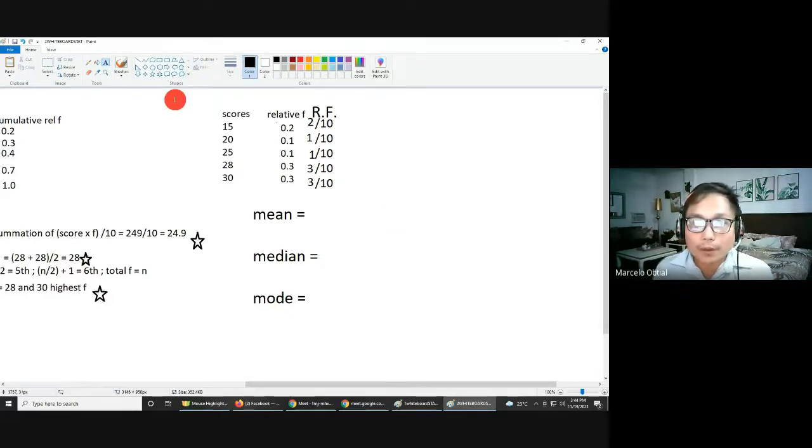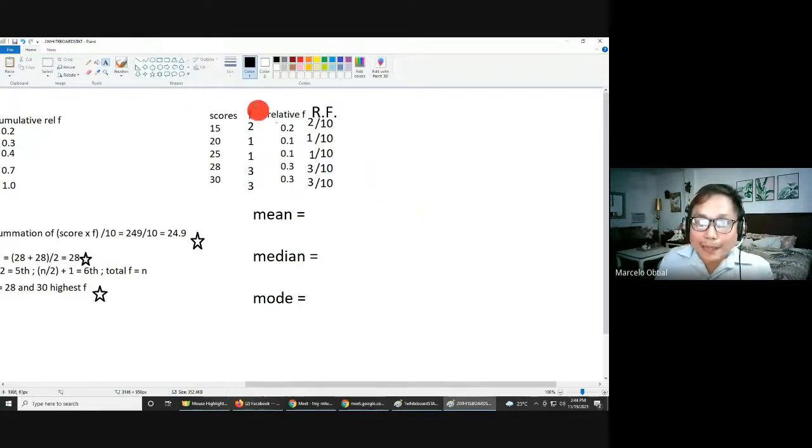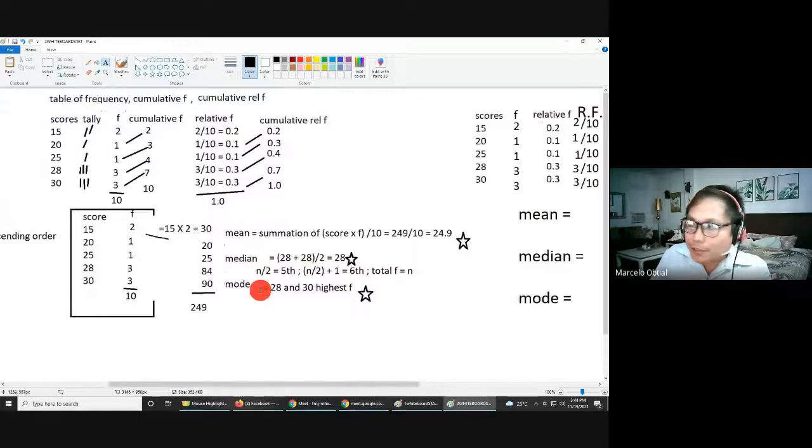So, if the numerator is frequency, pwede ka na mag-insert dito sa gitna ng F. Okay, itong F dito sa gitna. Okay, F. So, that is 2, then 1, 1, 3, and 3. Okay? So, meron ka ng table of frequency na ginamit mo kanina to solve the mean at median at mode.